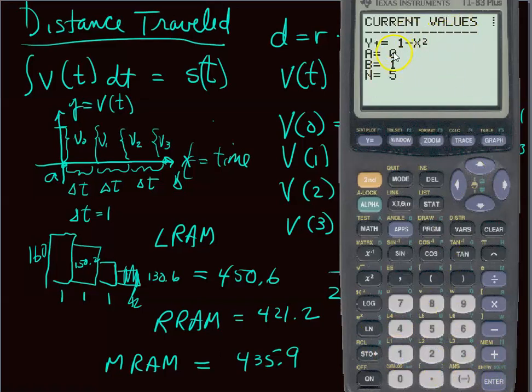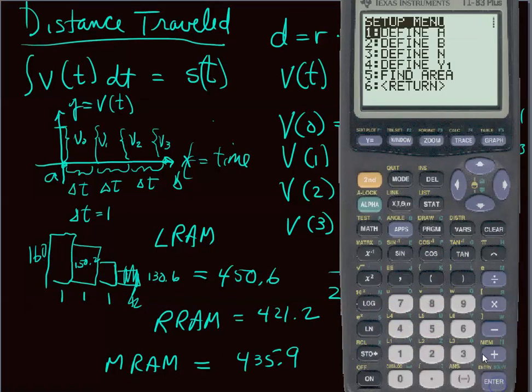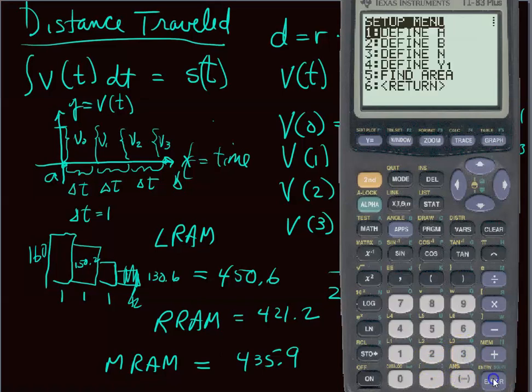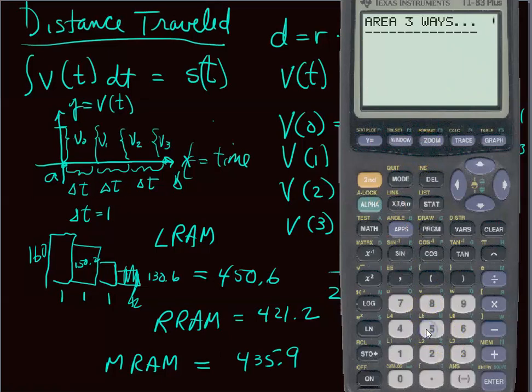So 1 minus x squared, 0 to 1, and I want, I guess, 3 intervals. So I need to define the n, which is number 3. That's the setup. We can then return, which is number 6. I guess we can find the area too. So 5, find the area. It finds it all 3 ways.